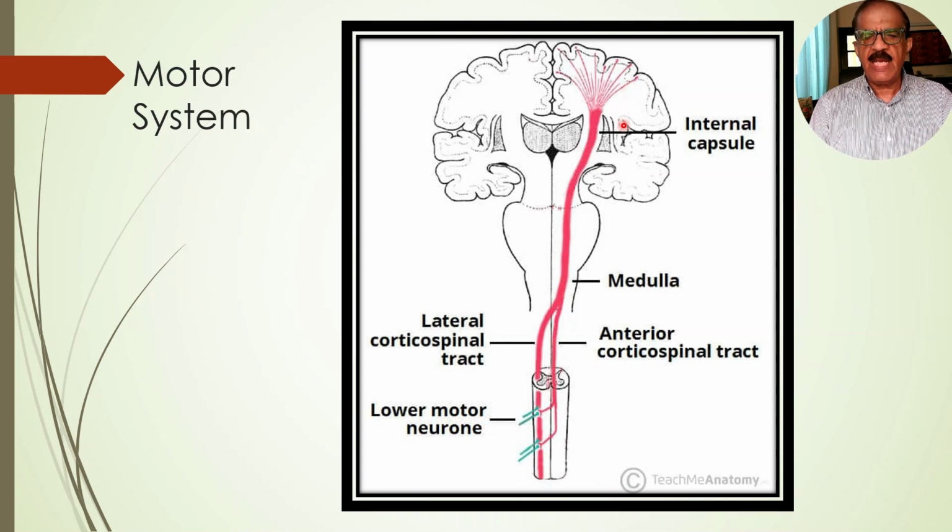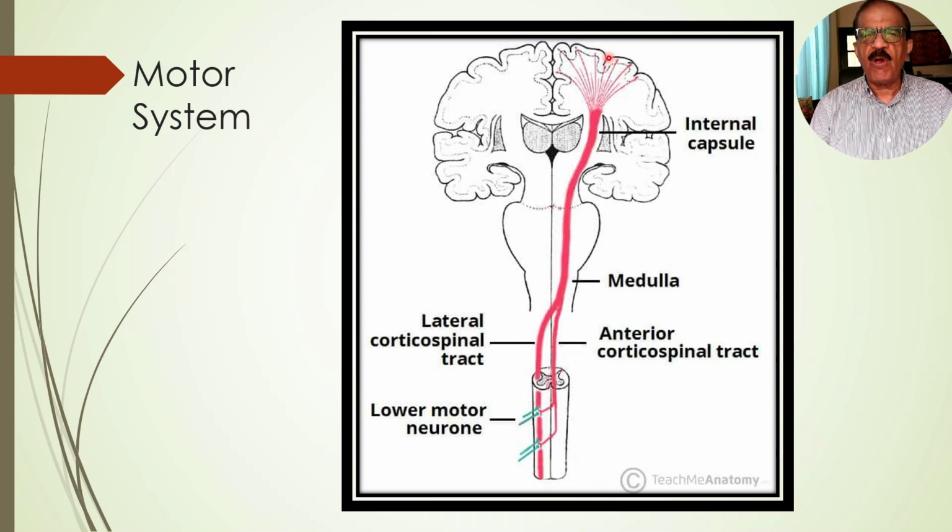Upper motor neurons, they keep lower motor neurons mostly inhibited to keep their tone low, but most of the sophisticated movement like writing, signing, making a drawing, or any sophisticated movement are actually started from the motor cortex, and they are executed through our lower motor neurons. And the problem could be here.